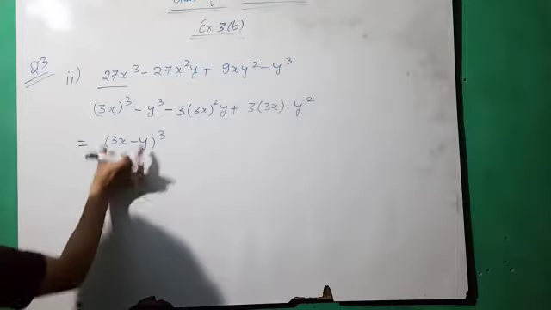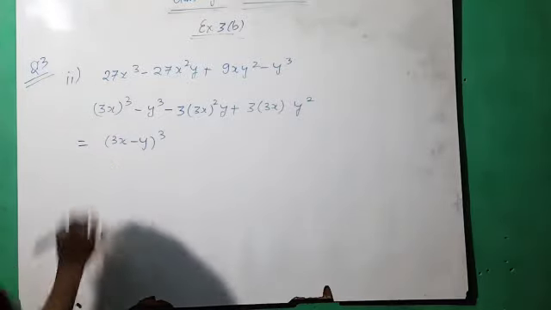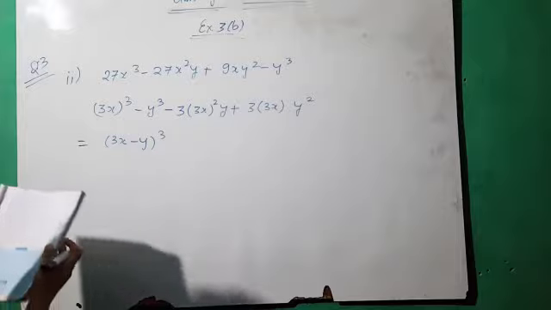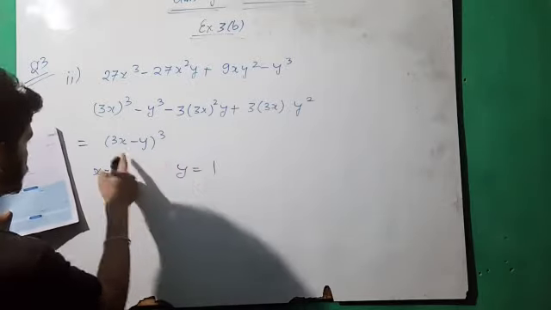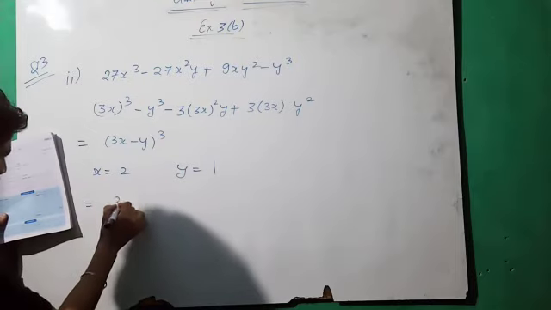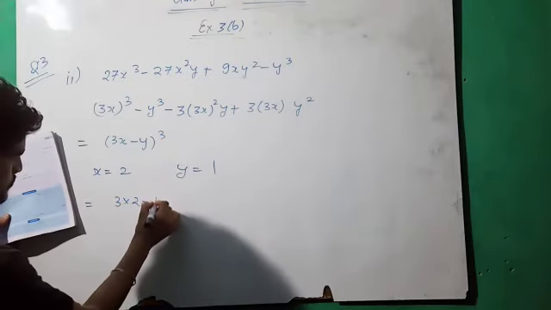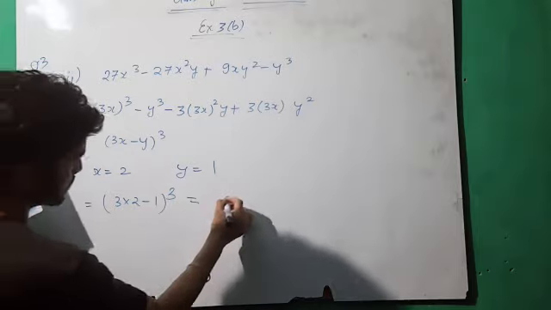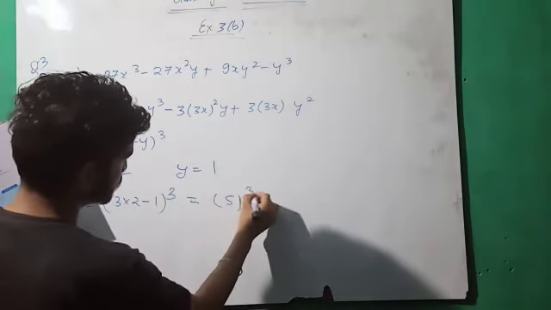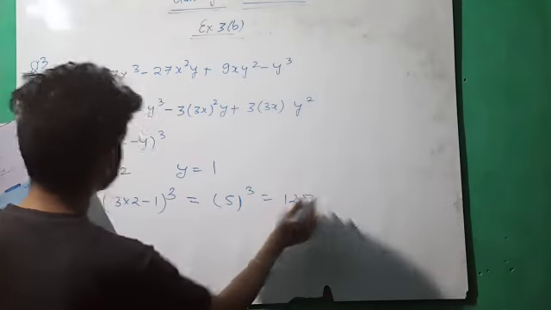Simply, this is written in the form of this. And now we have x equal to 2 and y equal to 1. Put the value of x and y: 3 into 2 minus y, which is 1, cube. 6 minus 1, 5 cube. So 5 cube equal to 125 is your answer.